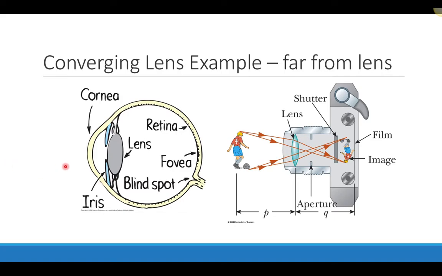But in general, you're still over twice the focal length away. Same thing is true about a camera. The lens in a camera is not flexible, but it's movable. So you can adjust the location of the lens back and forth, which allows an object that's closer or further away to be focused on the film in the back.